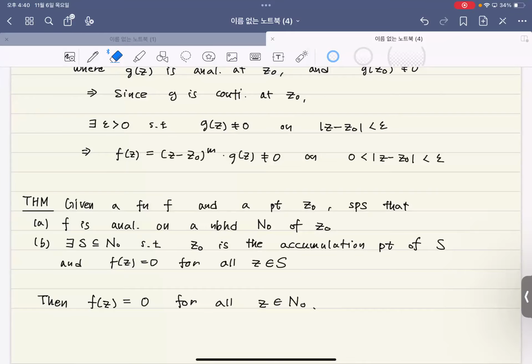And if the zero is not isolated, then because of the previous theorem, I must be able to find some neighborhood around this point, and my function must be identically zero on that neighborhood, right?